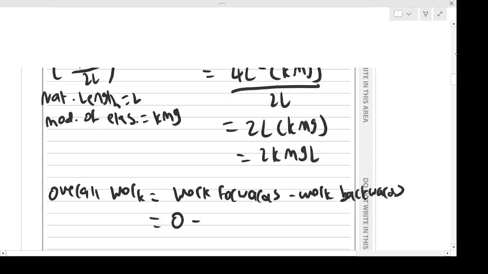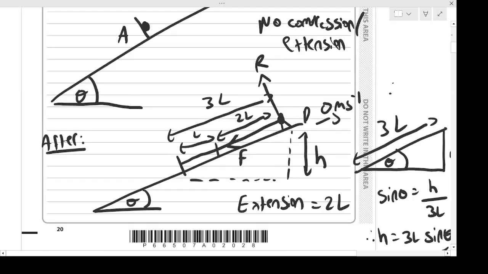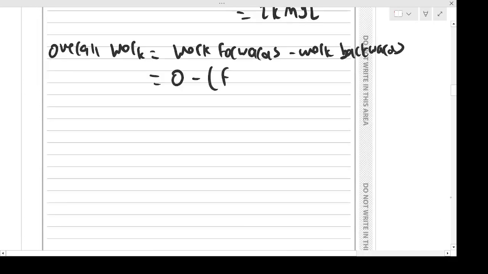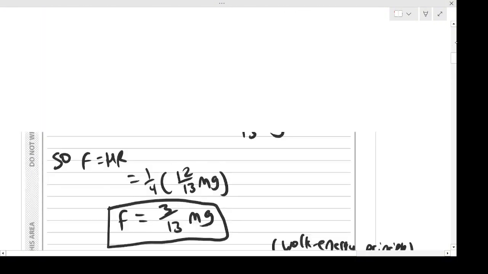But what about the backward forces? Well, you can probably guess there is a friction force which is acting backwards to the particle. So the friction is the backward force here. So we need to find the work done by the friction. Remember, work done is force times distance. Now, what is the distance travelled?